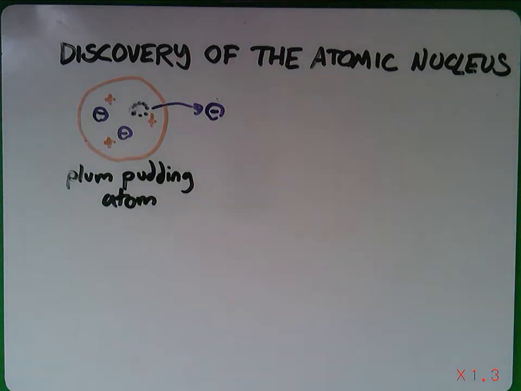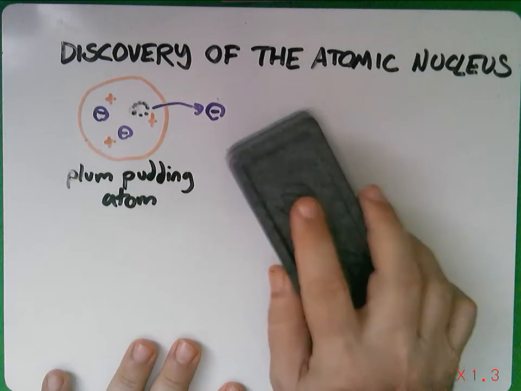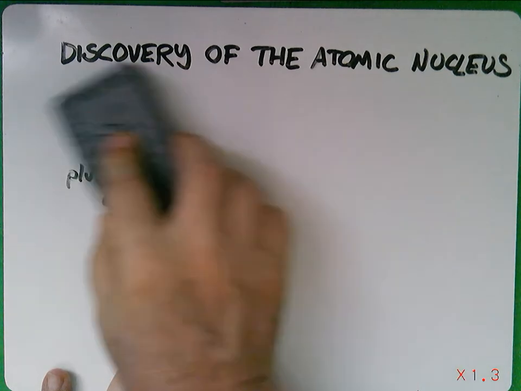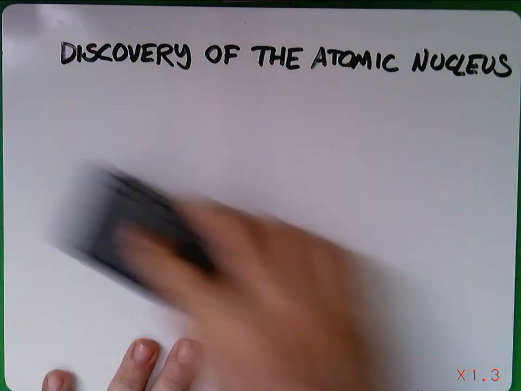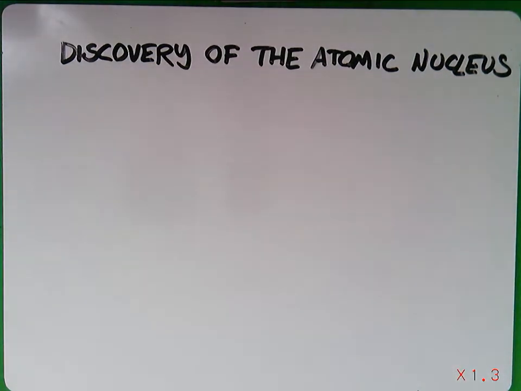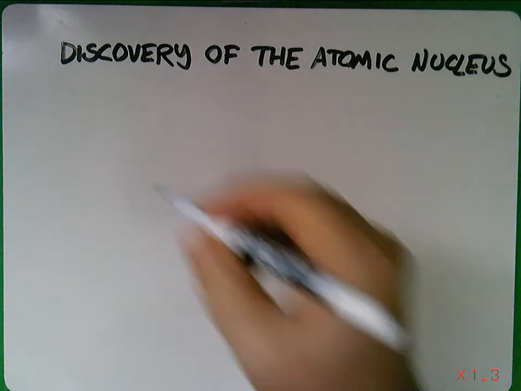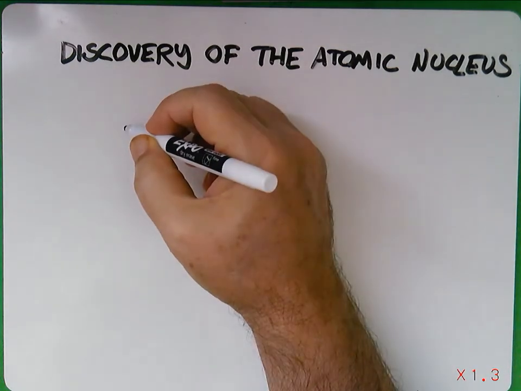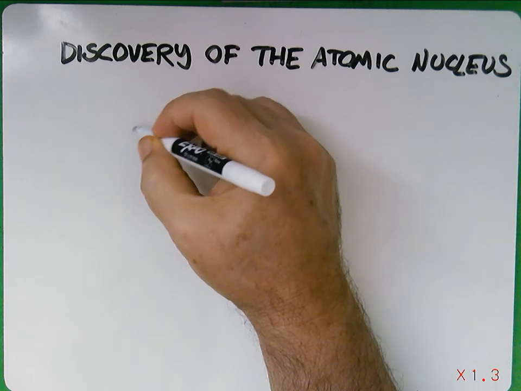All right, so one of Thomson's students, Ernest Rutherford, decided to do a test on the plum pudding model. And it involved the alpha particles that we were just talking about. He said, let's imagine we've got a couple different models of the atom here.